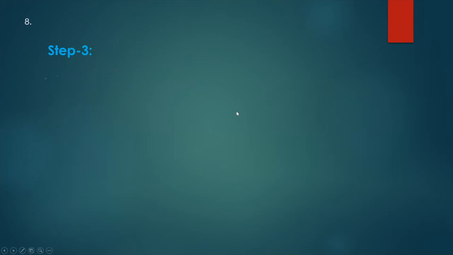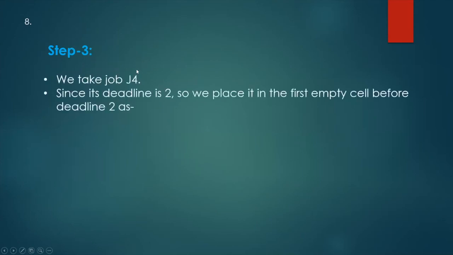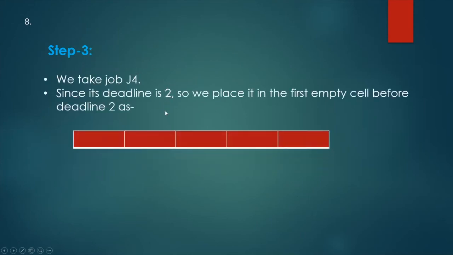Now we will pick all the jobs from step 1 and put them in this chart. So step 3 would be, we will take job 4. The deadline is 2. We can complete the job in the first month or the second month, but according to the algorithm, we will put the job as far as possible from 0. So we will put job 4 into the second slot. The second slot is empty, so we put job 4 there.